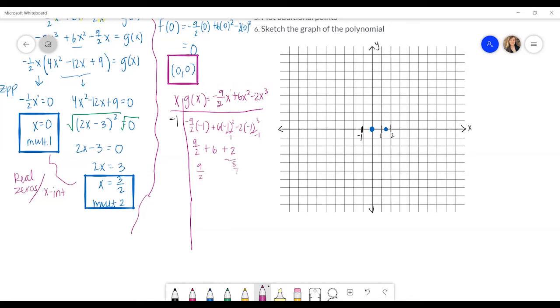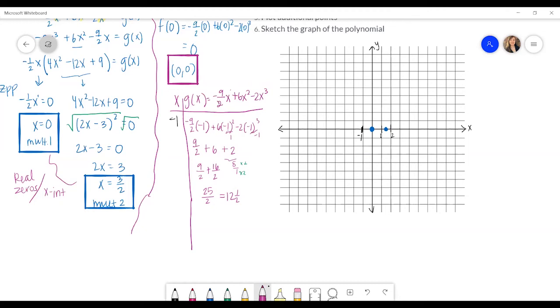If I put 8 over 1 and I multiply times 2, that gives us plus 16 over 2, which gives us 25 over 2, which is 12 and a half, right?